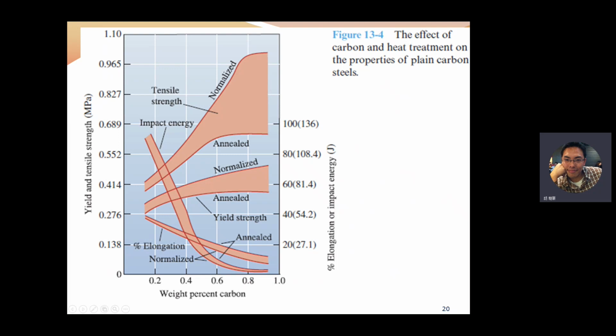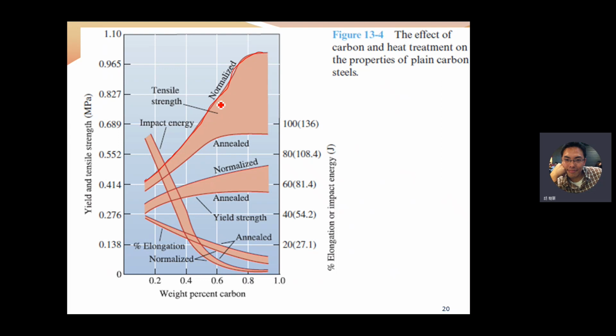So let's look at the mechanical properties corresponding to the different annealing processes. For example, for the normalizing process, this is normalizing with different carbon content.